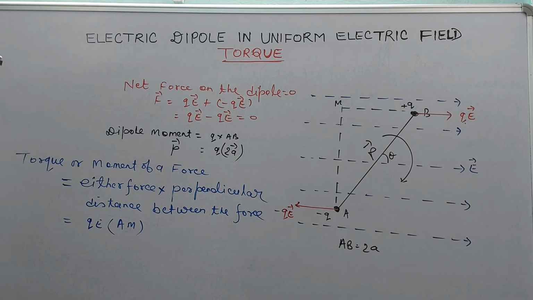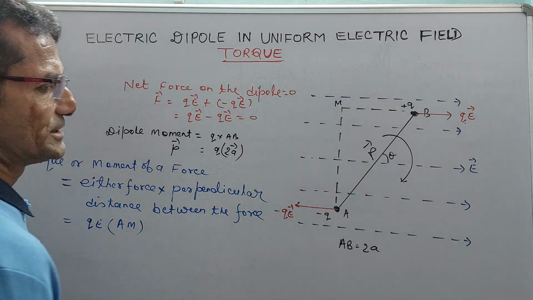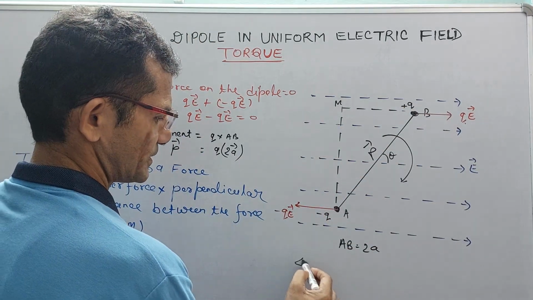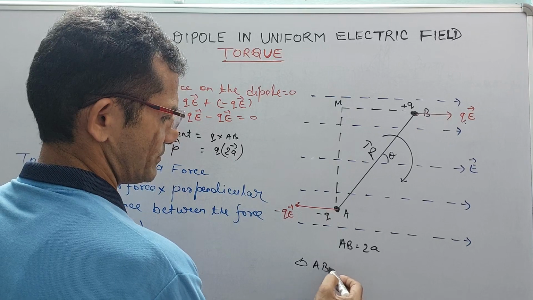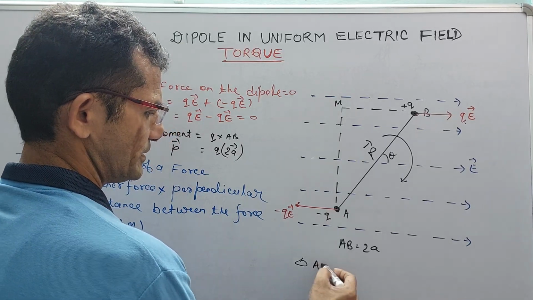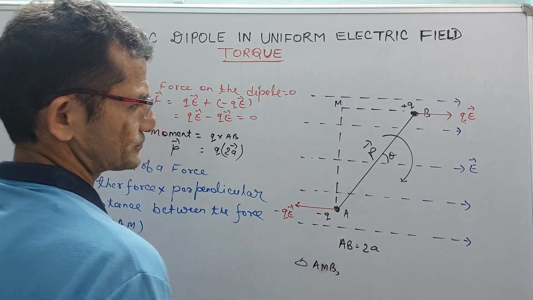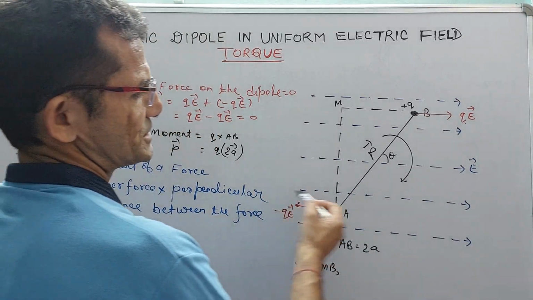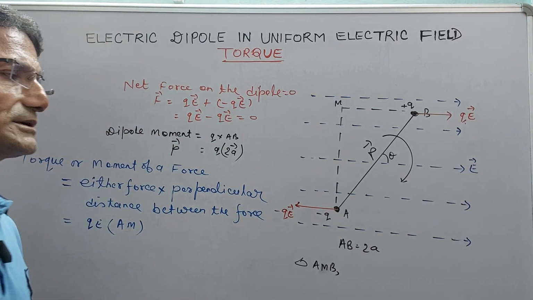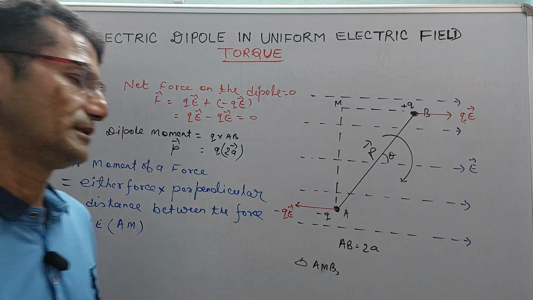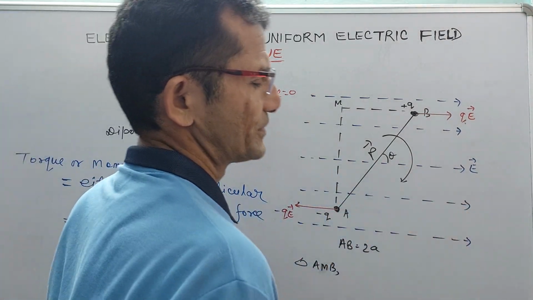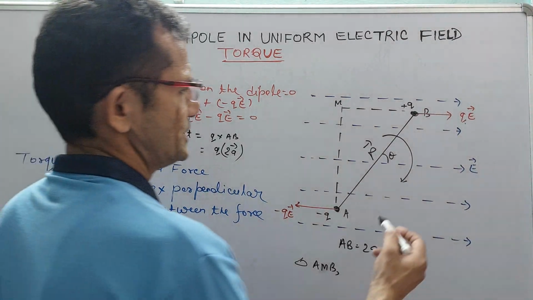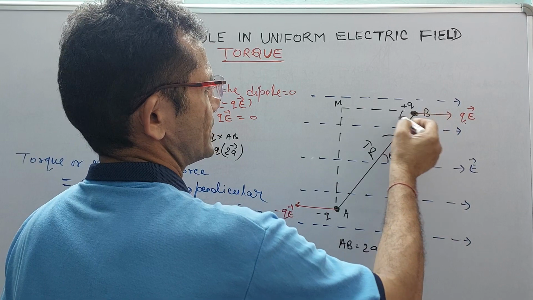Now AM can be calculated from the triangle AMB. In this triangle this is angle theta, because this is a uniform electric field. Therefore, these field lines will be parallel to each other and equidistant. So this is angle theta, and this will also be angle theta.